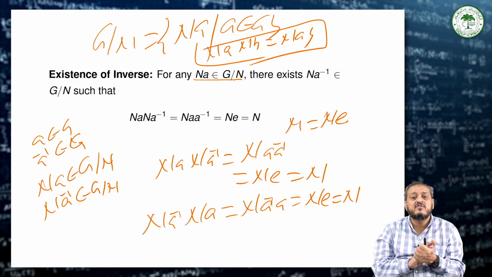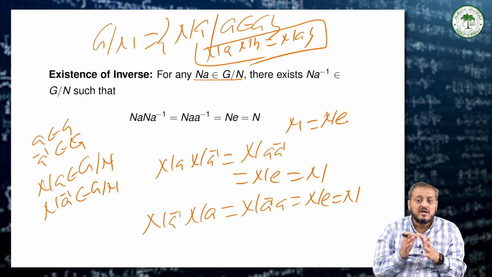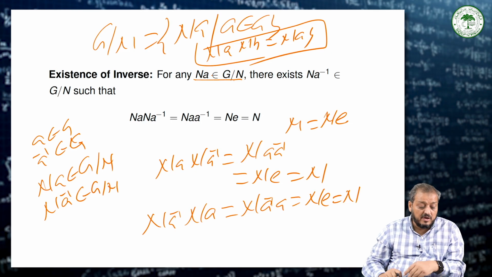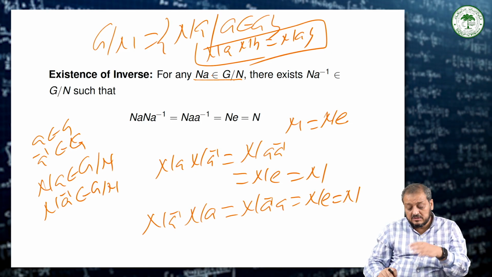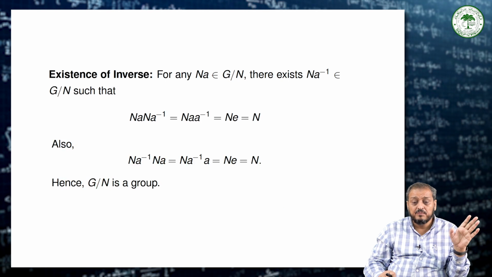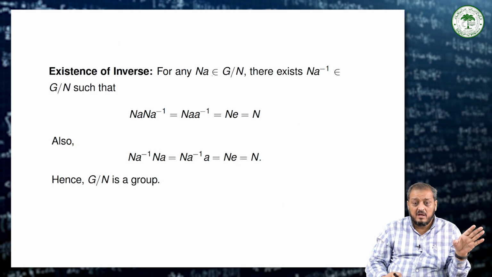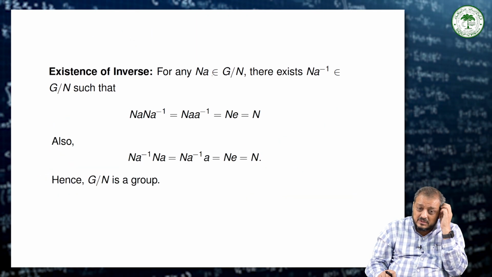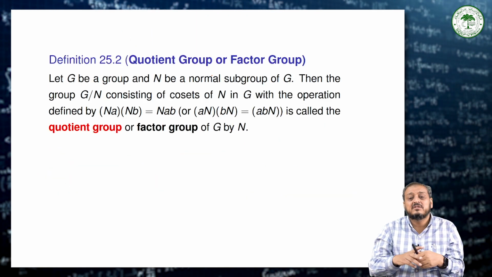That means we can say that G by N is a group under the operation we define in this form.